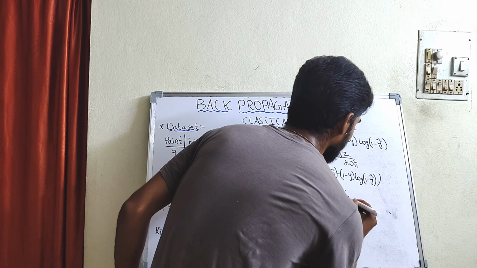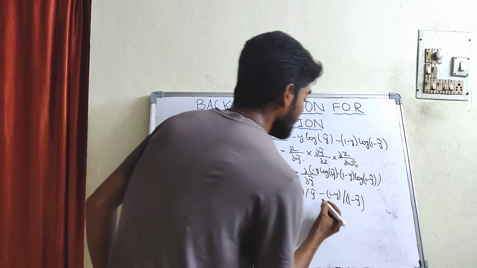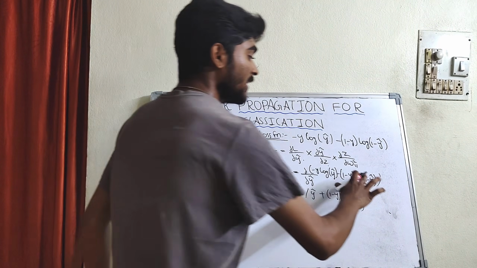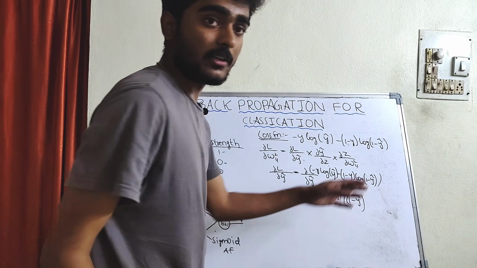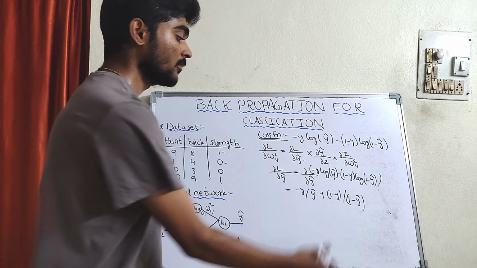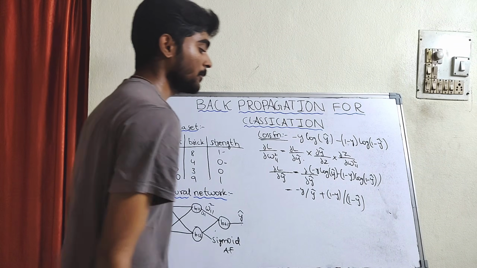This comes out to be plus because internally I'm calculating the y hat derivative as well. The derivative of minus y hat is minus 1, so minus 1 gets multiplied and comes out to be plus.